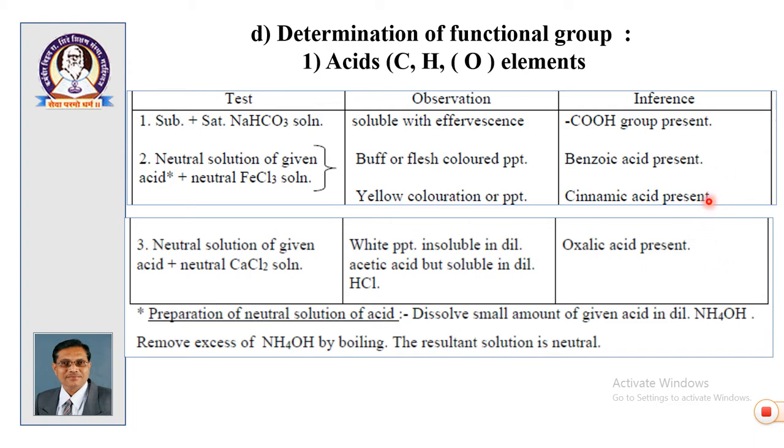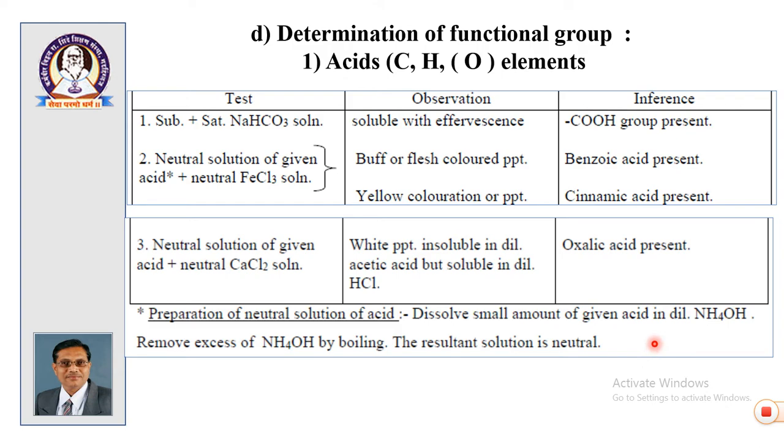In this way, by considering these tests, you are going to differentiate between benzoic acid, cinnamic acid and oxalic acid. As I mentioned, the earlier two acids are water insoluble, sparingly soluble of course, but your observation will be water insoluble. Oxalic acid will be highly water soluble. For these two tests, you need a neutral solution. So how to prepare a neutral solution? Neutral solution is prepared by treating the acid with some base.